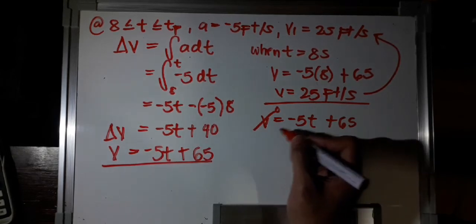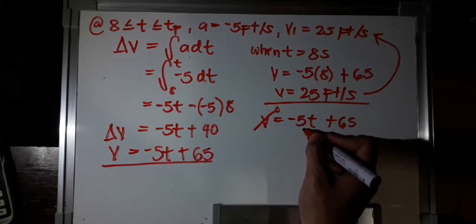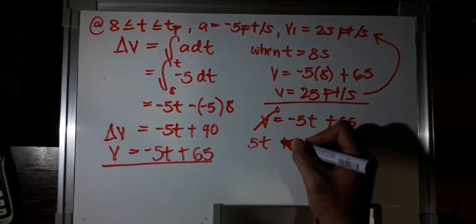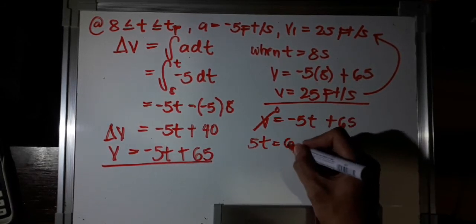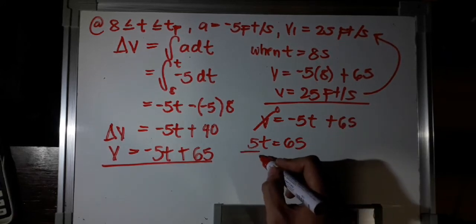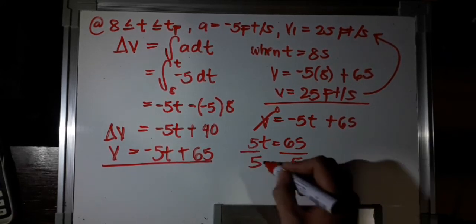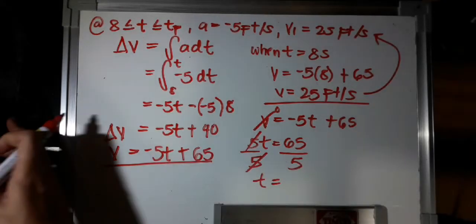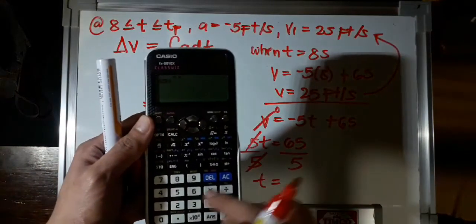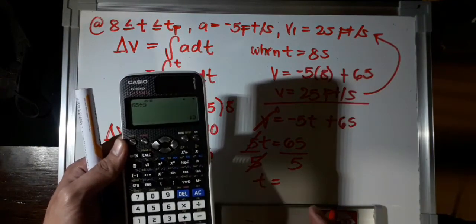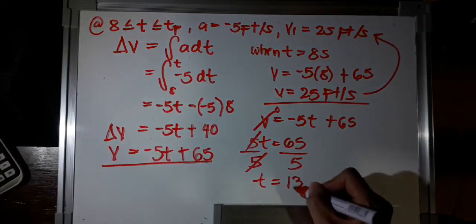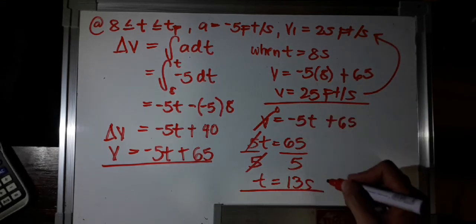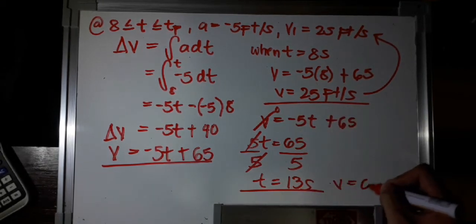Let us equate it to 0. So transpose natin to sa kabila, so that will give us 5t is equal to 65. Simplify, divide both sides by 5 to eliminate the 5 and then leave t. So t is equal to 65 divided by 5. So that is 13 seconds. So in 13 seconds, the velocity is equal to 0.